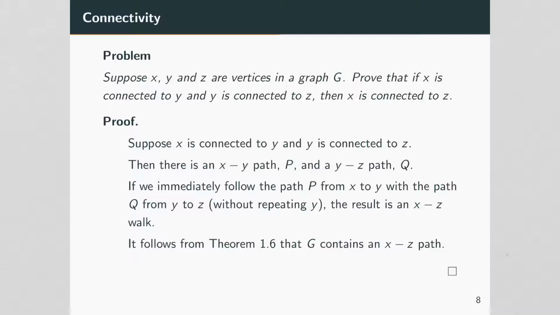We've proved that X is connected to Z. So perhaps I should have finished off with that final sentence, therefore X is connected to Z, and that would be the end of the proof.